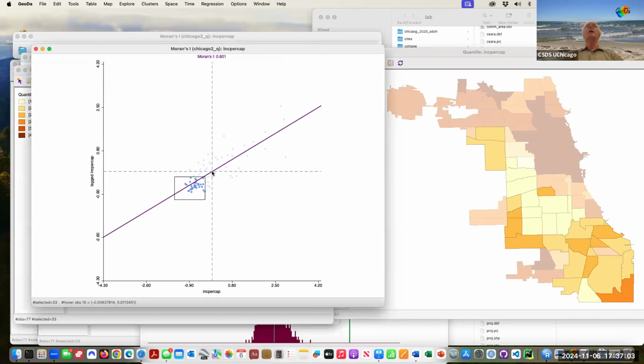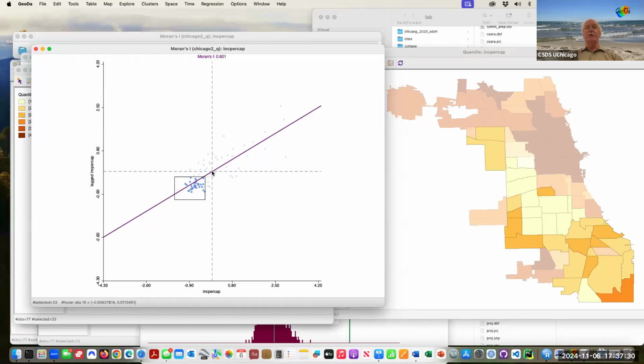You have to keep in mind that this is all relative to the mean, the center. So if you're looking at, say, income per capita, you want to know what this mean is, because below the mean may not be that low. It depends where you are. If you're in Beverly Hills, below the mean is not low, right? If you're in Alabama, below the mean is low, but above the mean is not high either, right?